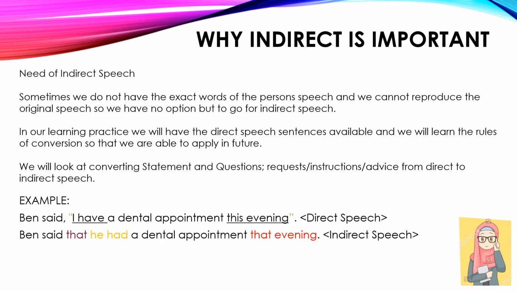Now when you look at the second sentence, "Ben said that he had a dental appointment that evening," I have converted it into indirect. Reason one is that I have removed the quotations. I've added a conjunction by saying "Ben said that he had." It is very obvious that whenever we convert direct into indirect, we change the time as well.